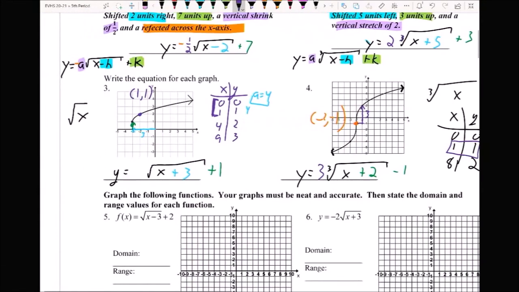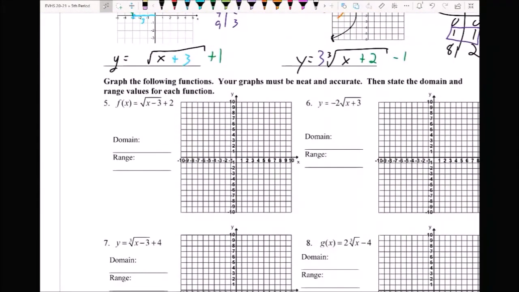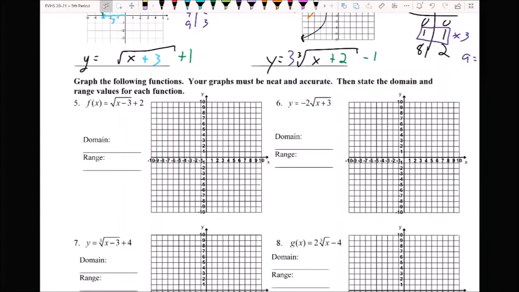All right, moving on to number 5. Graph the following functions. So we've got our square root, and let's go ahead and bring our shifts in. -3 means it's going to go right by 3. Plus 2 means it's going up by 2. So I'm going to go over to the point 1, 2, 3, 1, 2.